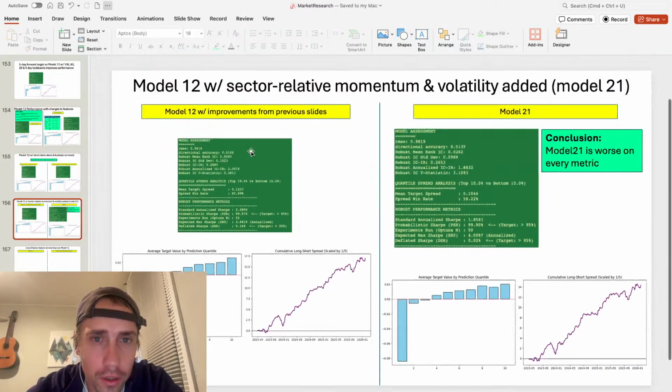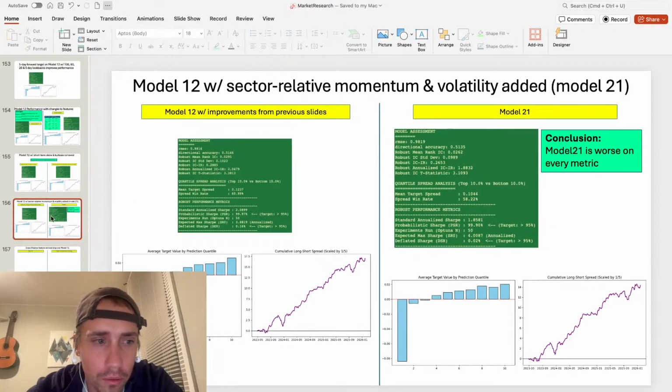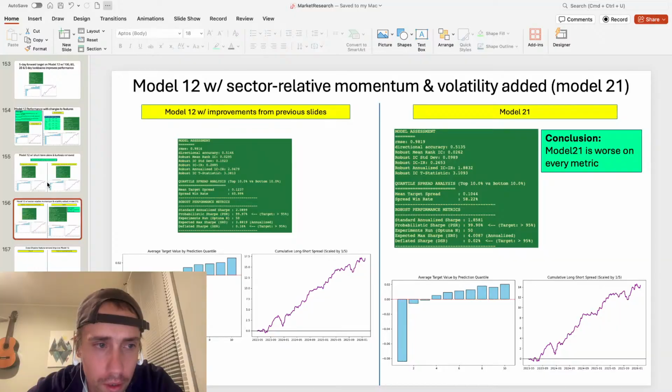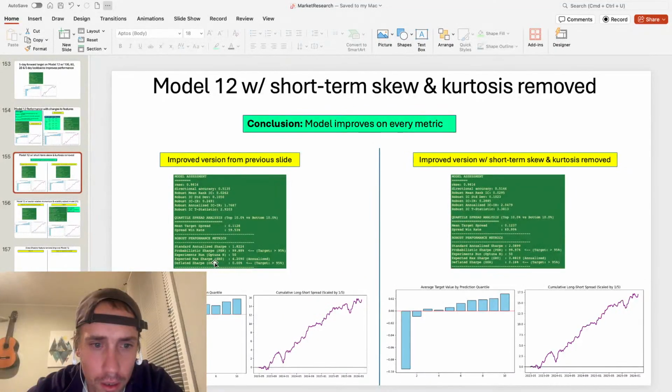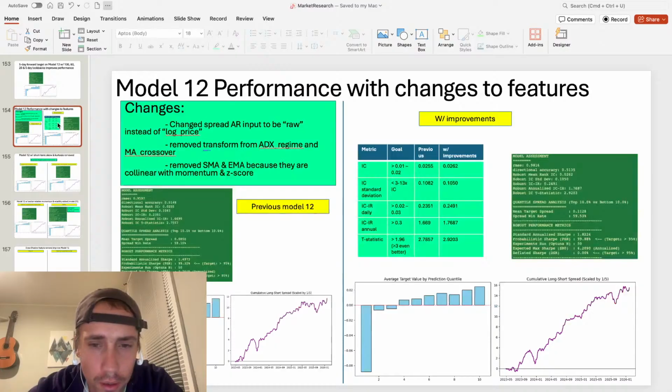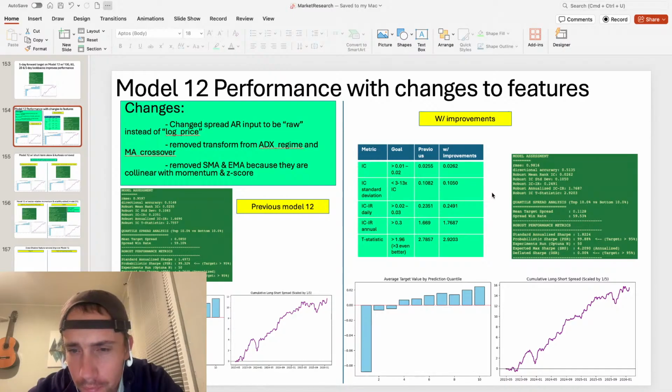Oh, what is this? Model 12 with improvements. That's not it. 0.0262. Oh yeah, this is it. Is it? Yeah, I guess that is it.